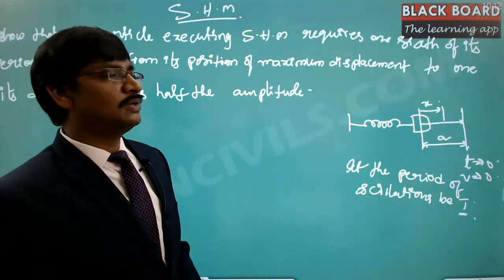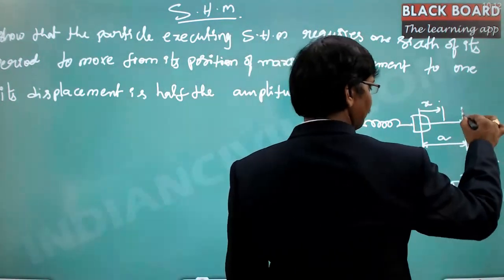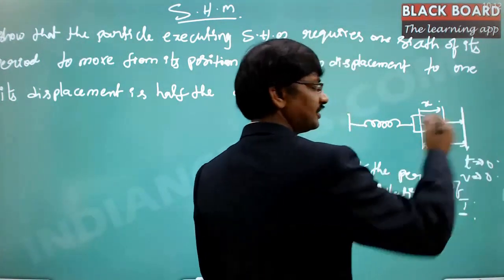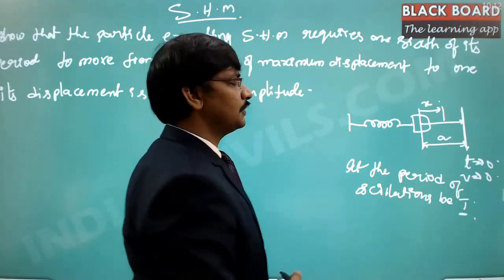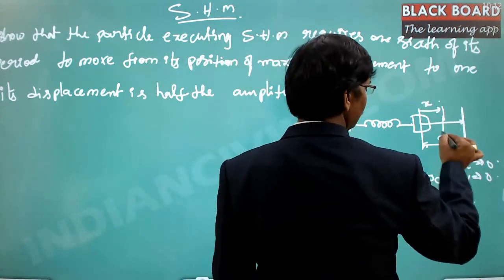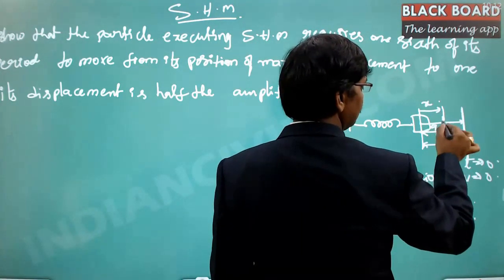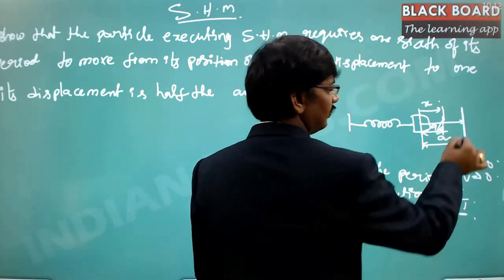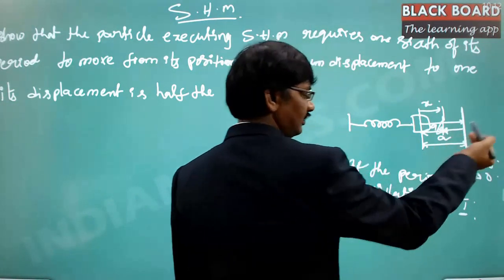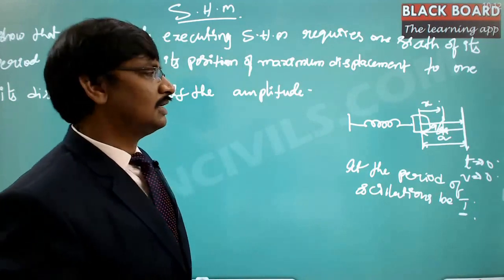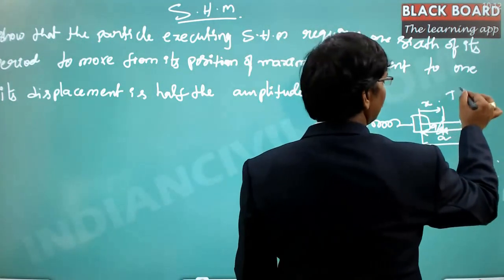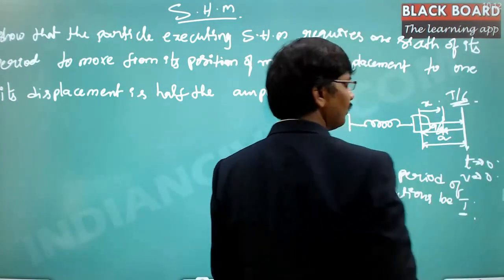So what he said was, from the position of maximum displacement, that is the extreme position, to the place where the displacement is half the amplitude, that is A by 2, the particle takes a time of T by 6 to move from A to A by 2.